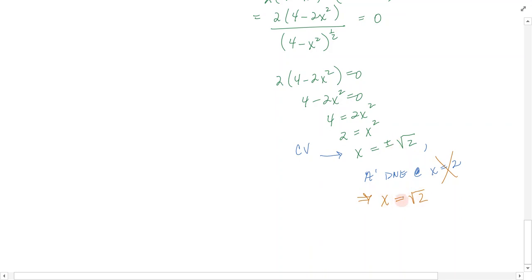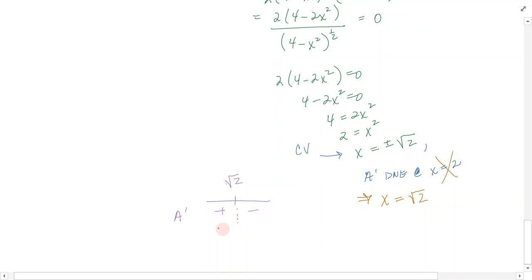So if this is the critical value, let's make sure that it is in fact a max. We do that by testing around the square root of 2. I'm just going to put the square root of 2 here, and we're going to evaluate the derivative to the left of the square root of 2 and to the right of the square root of 2. When we do that, we find that to the left it's positive, to the right it's negative.